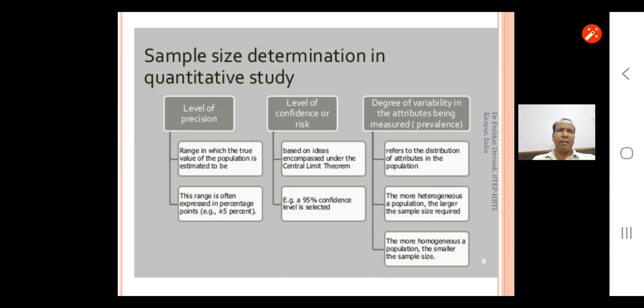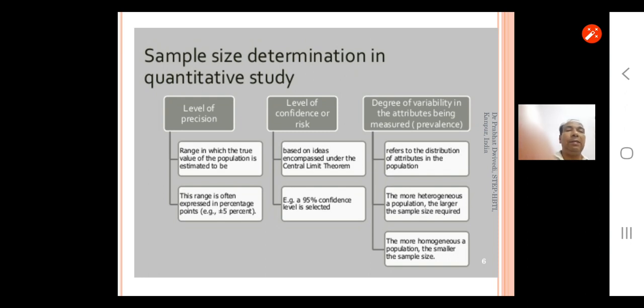When we say 95% confidence level, that means 5% I am not sure that this statistic will fall in the confidence interval, but 95% I am sure that this will fall in the confidence interval. This is the level of confidence or the risk. Opposite of the level of confidence is the risk. If I am saying that 95% is the level of confidence, that means 5% is the risk.